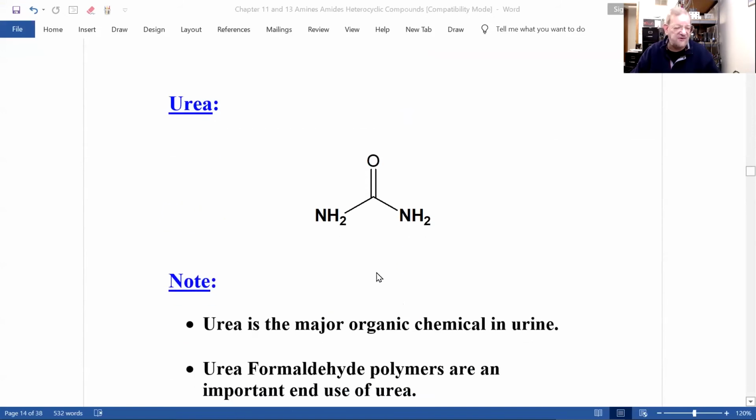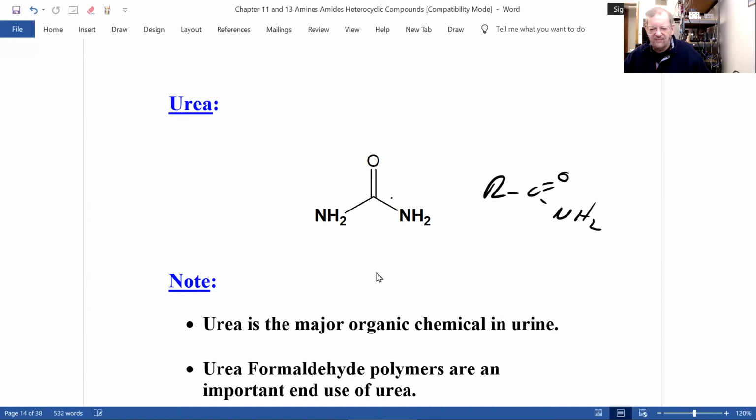Now, this is a special molecule. Special in the case that here, if you look at it, this is an amide, but here, if I say R prime can be this, urea undergoes all the chemistry amides do, so urea is considered an amide.